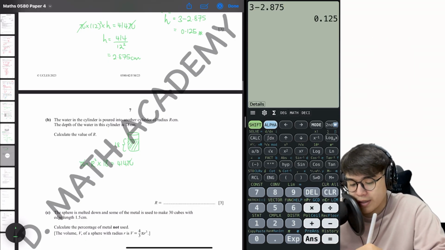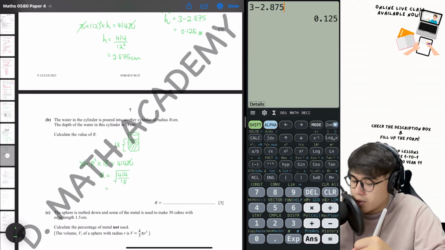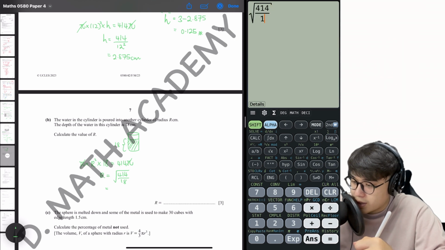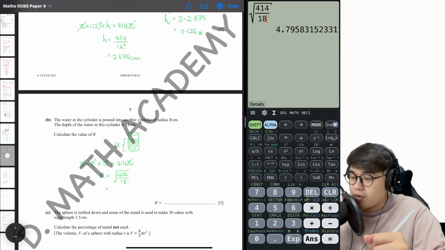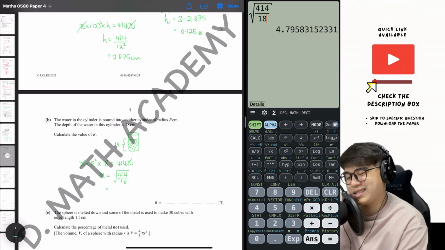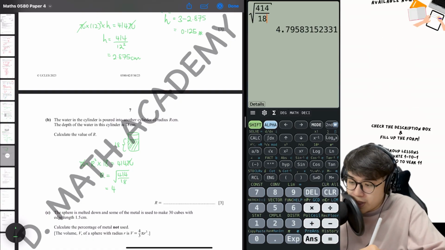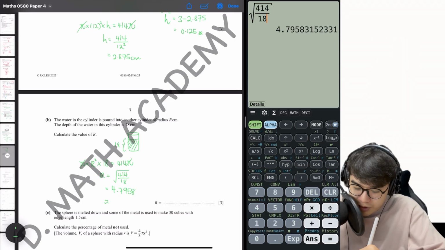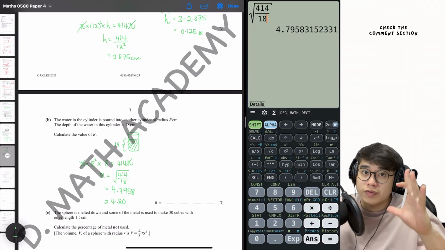Pi and pi cancel again. r will be 414 over 18 with a square root. So 414 over 18, you will get the r value as 4.8 based on the rounding. But to be safe, always write down the final answer first before you change it to 4.80. So you have both of the results here.